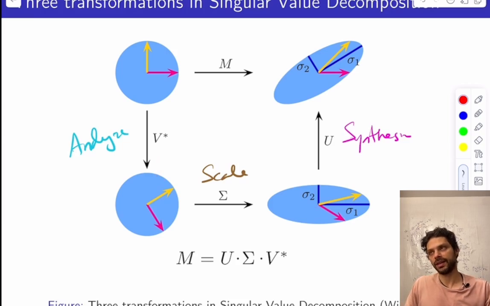But in settings where the dimensions aren't the same, when you have square and rectangular matrices, then one of these isn't going to be square. So then it's not quite as easy to see as a rotation. It's still kind of a rotation, but on some subspace, it gets complicated. So I just like to think of it as an analysis, a projection, a scaling, and then a synthesis, and that always works. So again, lots of ways to think about it.